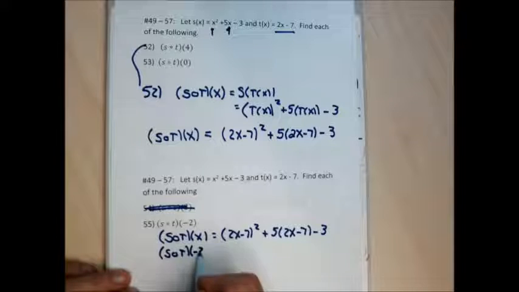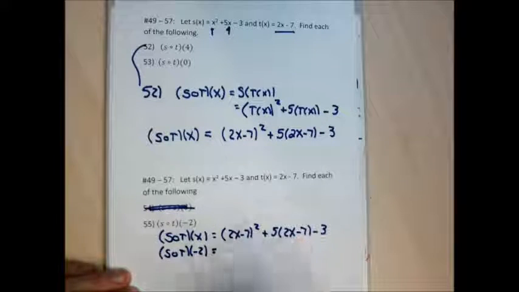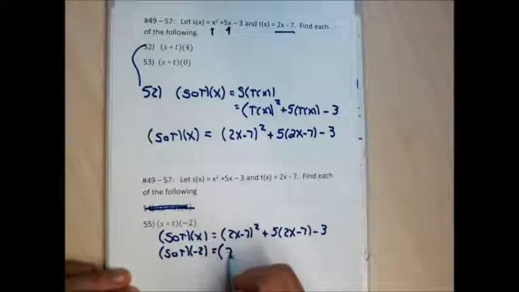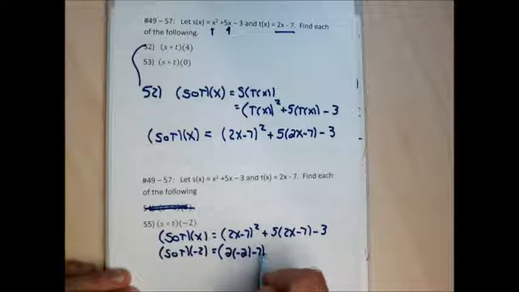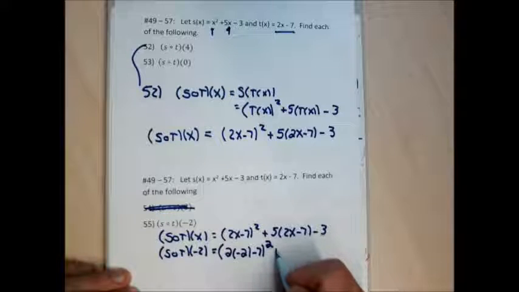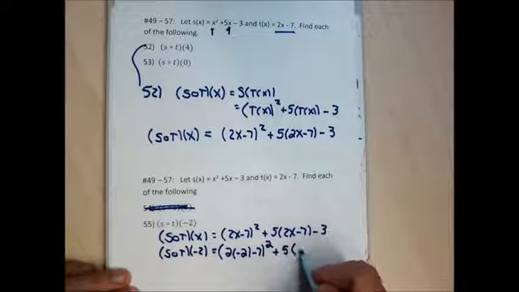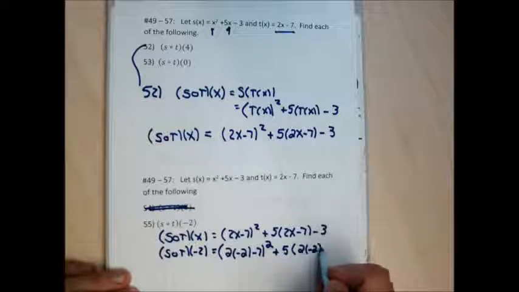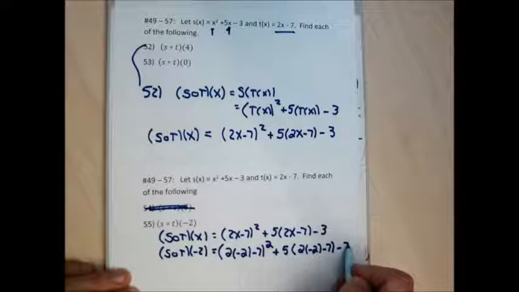And now I can change that x back to the number it's supposed to be, which is negative 2. If I do it on the left side of the parentheses, I need to do it on the right side of the parentheses. And what I'm going to enter on my calculator is 2 times negative 2 minus 7 squared plus 5 times 2 times negative 2 minus 7 minus 3.